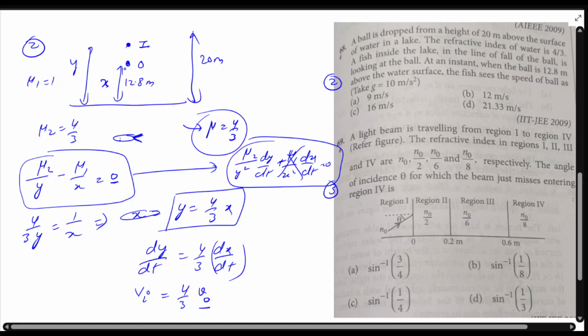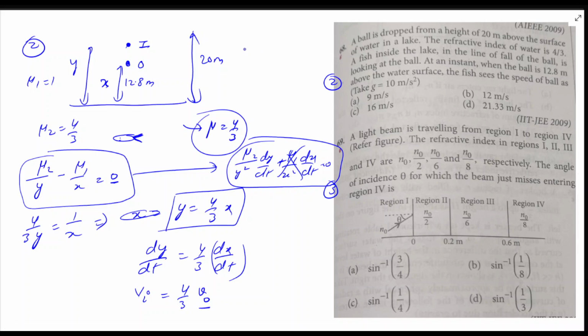So we need to find the velocity of the object. How will you find it? We'll use kinematics, the third equation: v square equals u square plus 2as. V square will be 0 plus 2 into 10 into S. S is the displacement, which is 20 minus 12.8, so it will be 7.2.